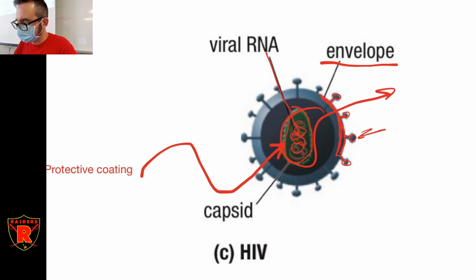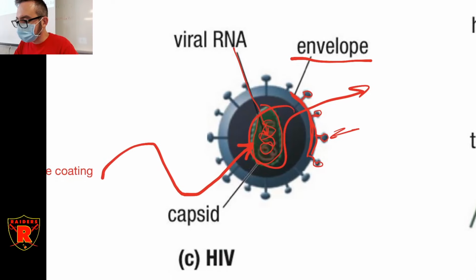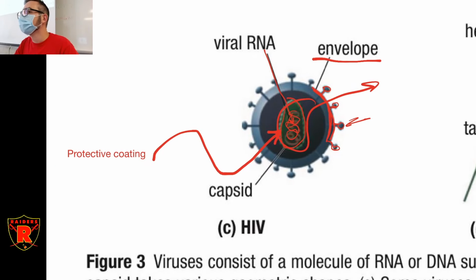DNA or RNA. In the case of HIV, HIV is called a retrovirus because it takes its RNA and uses your body's cells to build its own DNA to match the RNA and then insert it into its genome. So the same thing with herpes simplex virus, chickenpox, same thing.